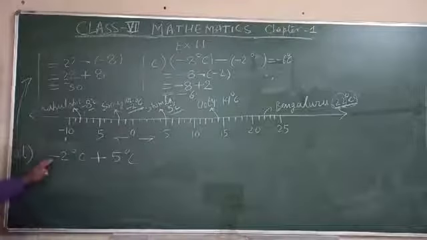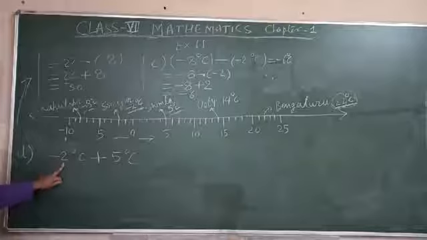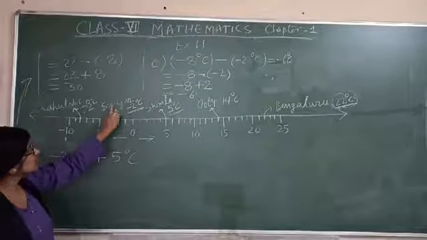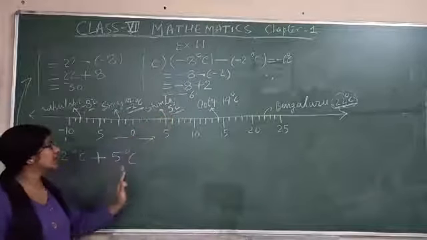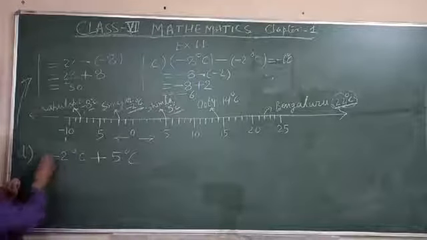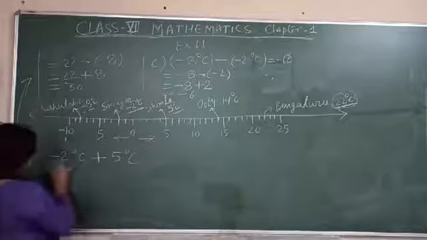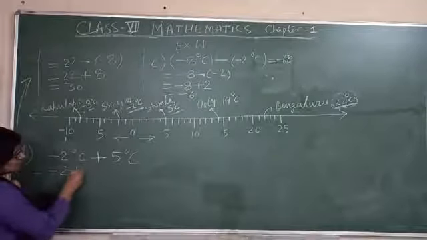So here it is written temperature of Srinagar being -2 degrees Celsius, you are looking here, and temperature of Simla is 5 degrees Celsius. Okay. If we take these two together, how do we write it for calculation? -2 plus 5.